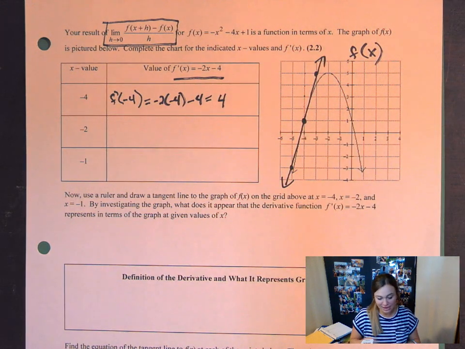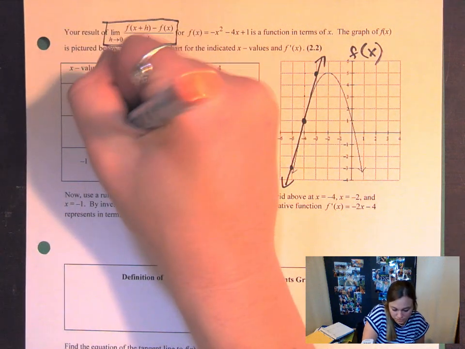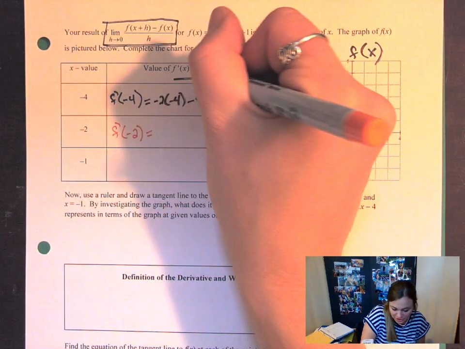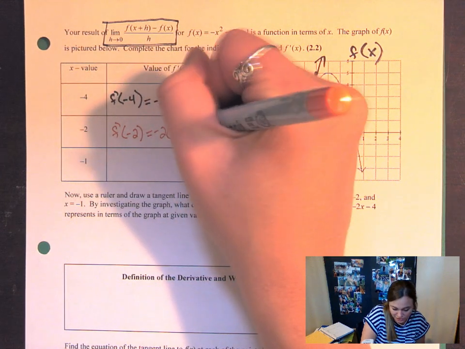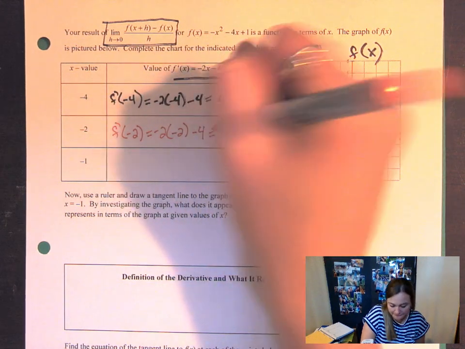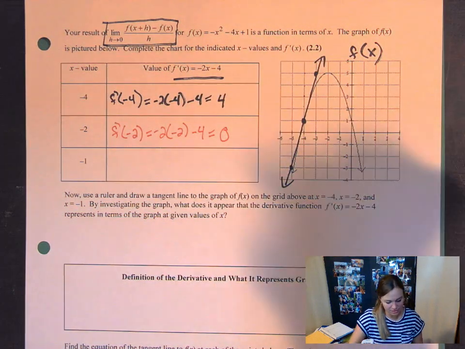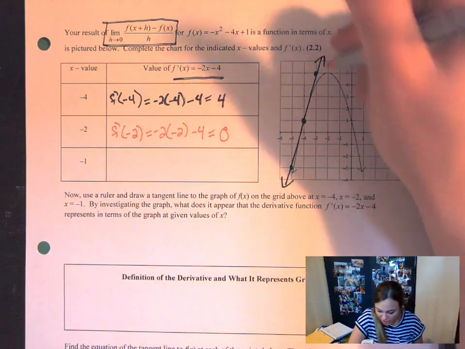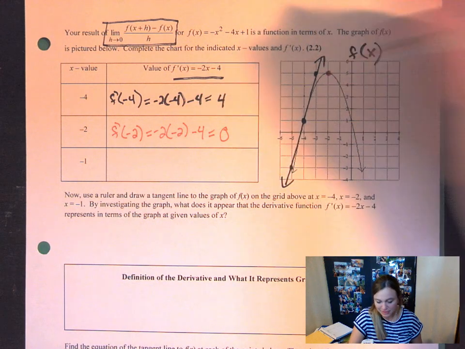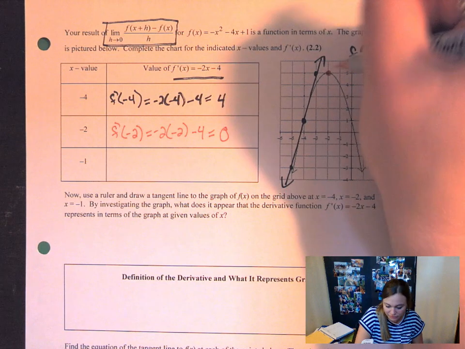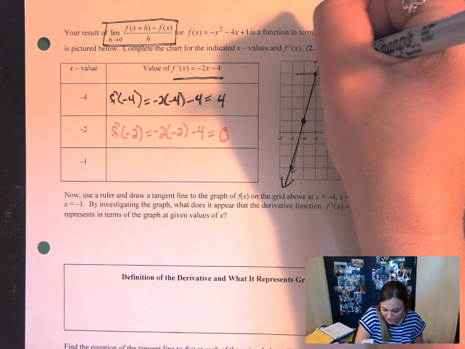How about at negative 2? F prime of negative 2. And then I'm going to go up here, negative 2 times negative 2 minus 4 would be 4 minus 4, and then I get 0. Okay. But if we go to negative 2 over here, I can see that at the very tippy top of this hill, this relative maximum on this graph, I had a slope of 0.